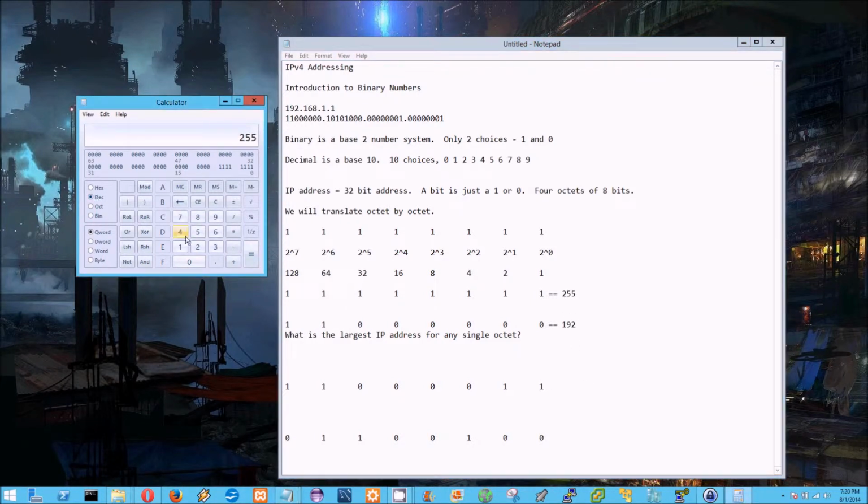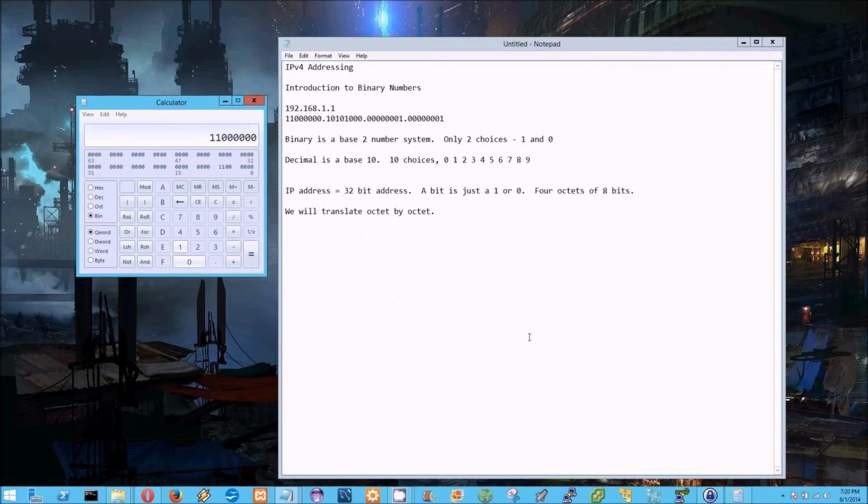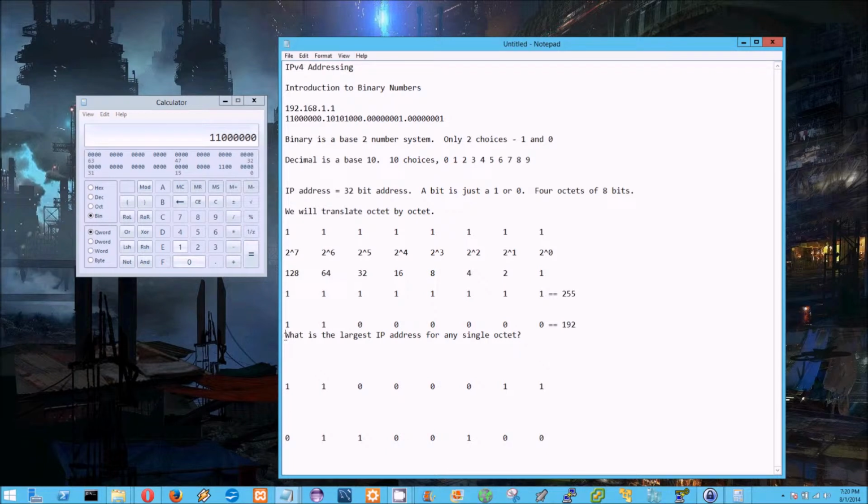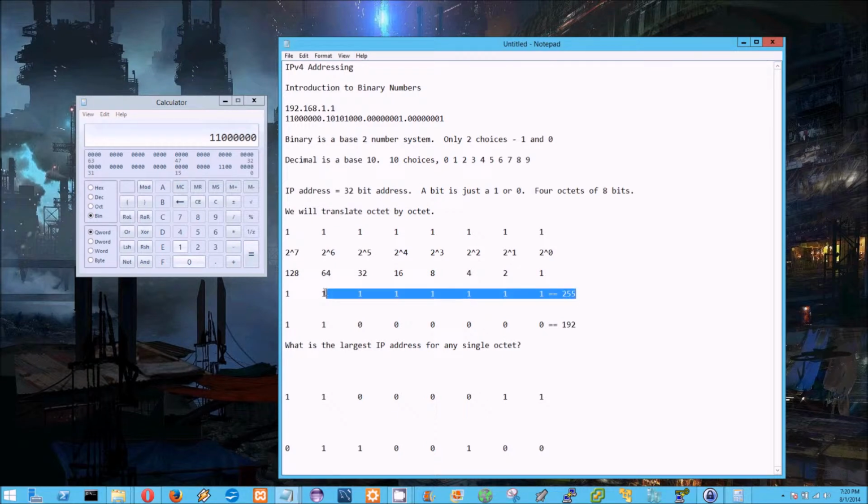Now let's double check that and we will see 1, 2, 3, 4, 5, 6, 7, 8. 192. So the question I was originally thinking about was, what's the largest IP address for any single octet? Well, we already saw it's 255. It can be no bigger than 255 because all the bits are set.